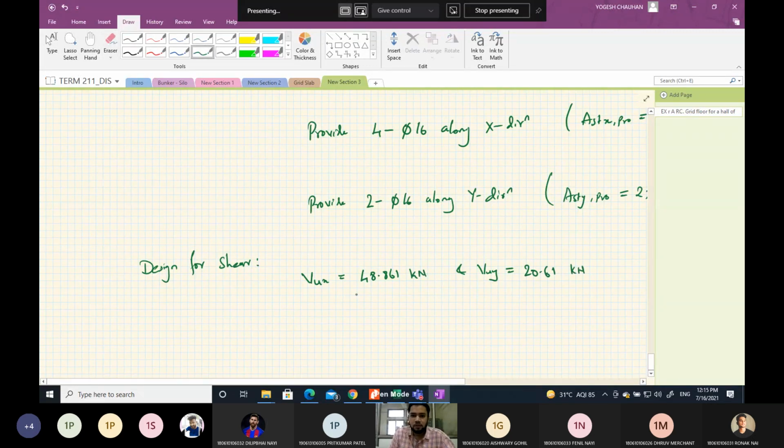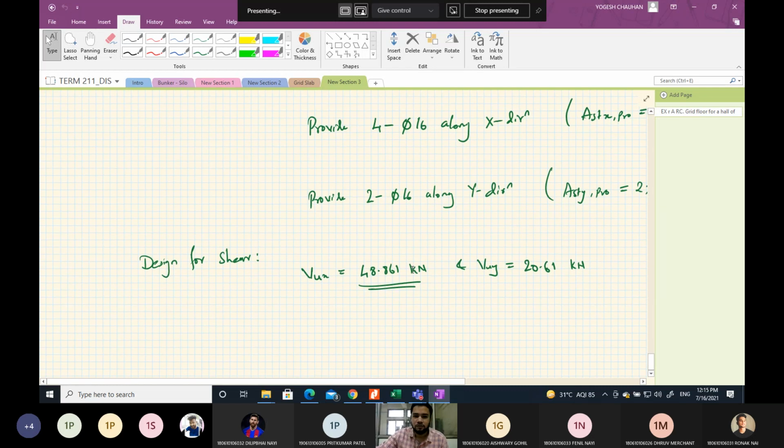We'll provide the shear reinforcement required for this much in both the directions, because this will not be the governing requirement of shear reinforcement.